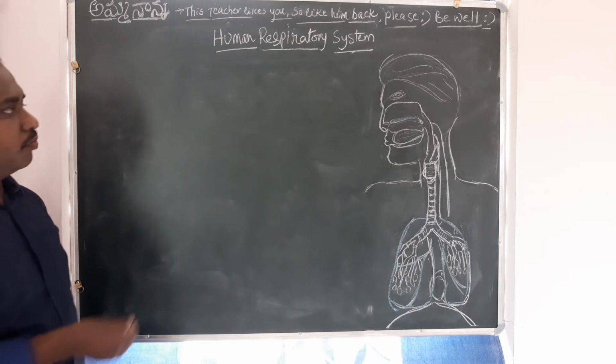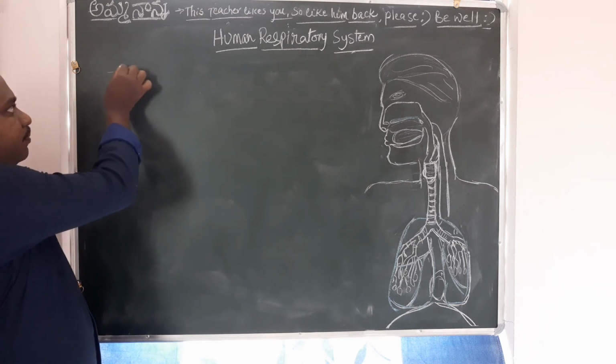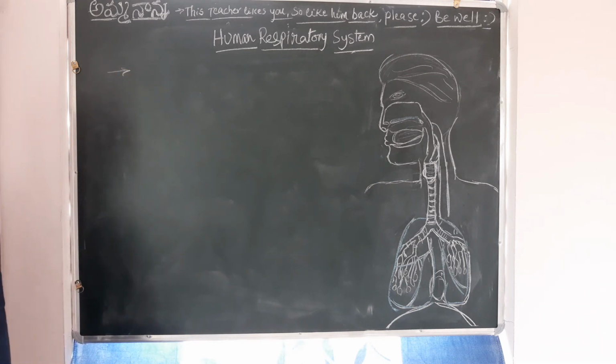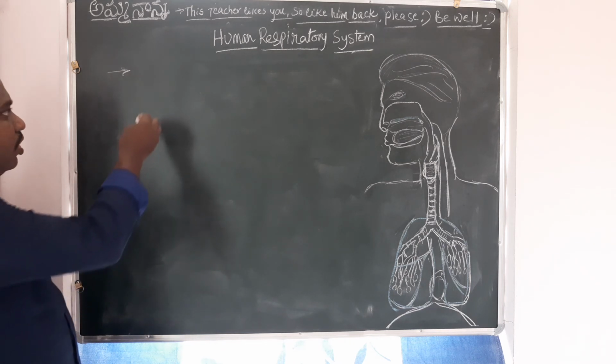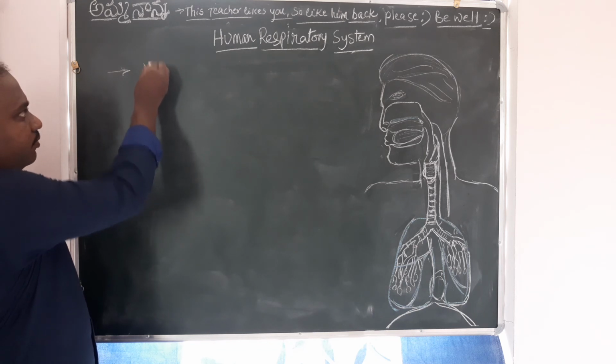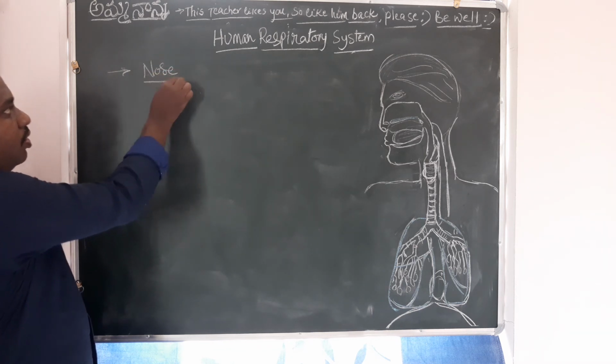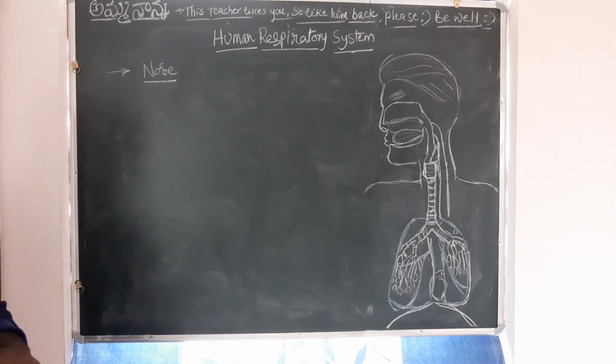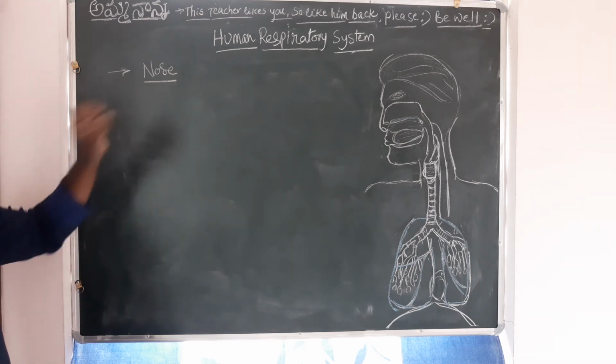To begin with, what is the organ which allows the air into the body? We have this external organ called the nose.